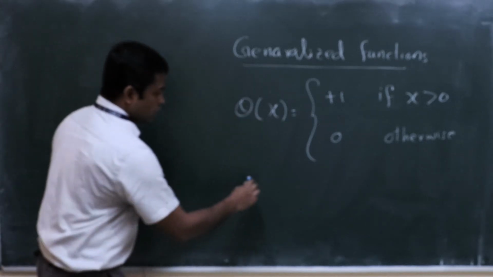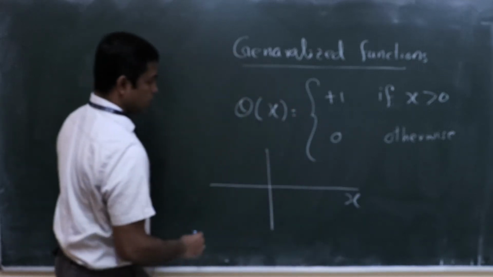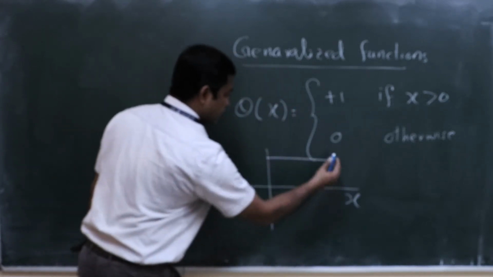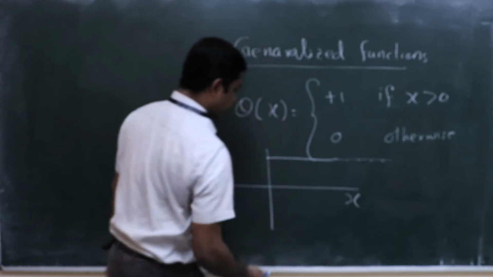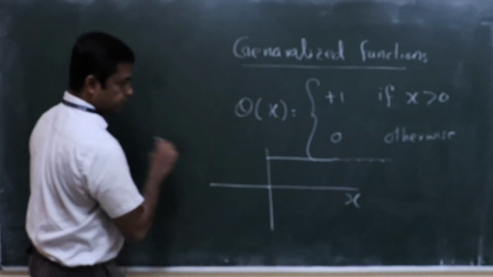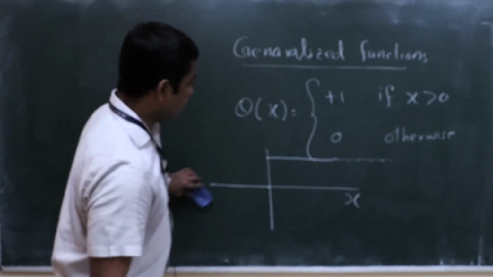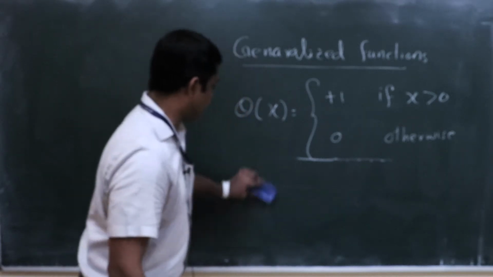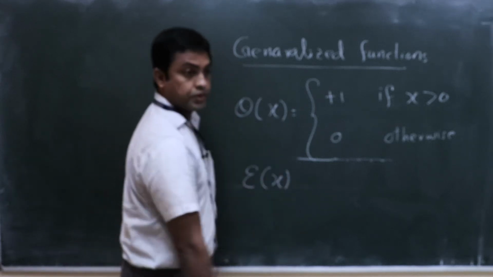If you plot this, you get 1 here and 0 here. Fine. So you already know the sign function, that is epsilon of x, right?